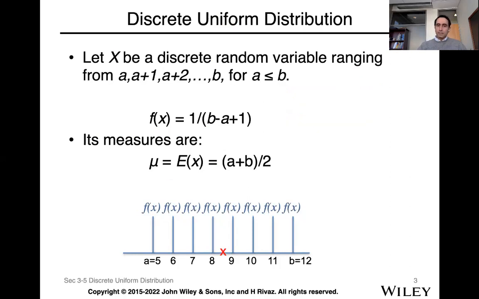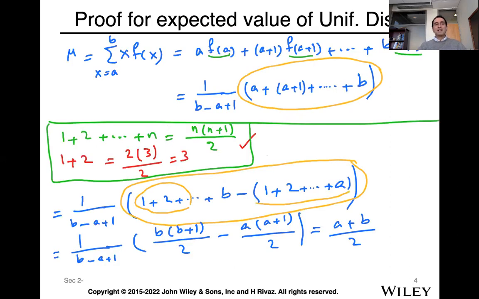The proof that I did here might seem, it does actually look, tedious, but it looks tedious because I used numbers a to b, right? If instead of a and b, I used the example of rolling a die, my a is 1, my b is 6, and f of x is 1 divided by 6.